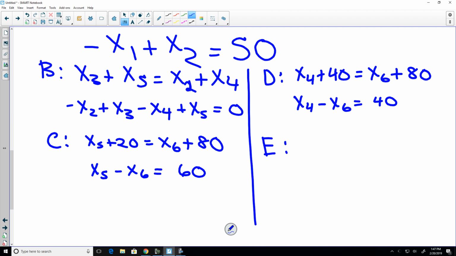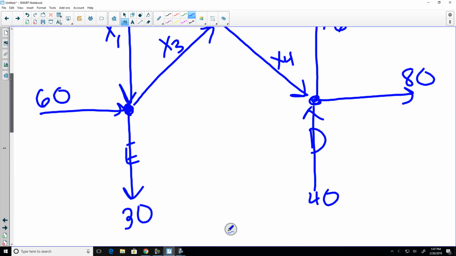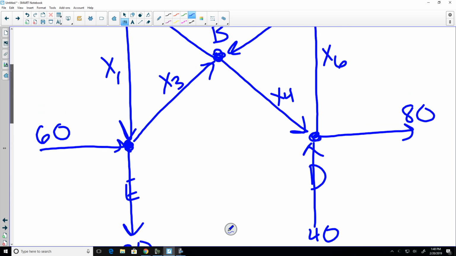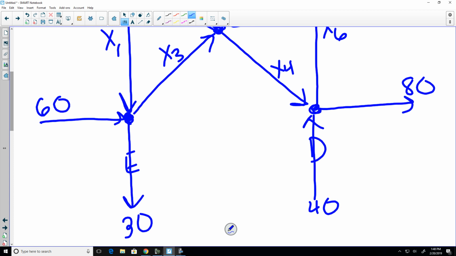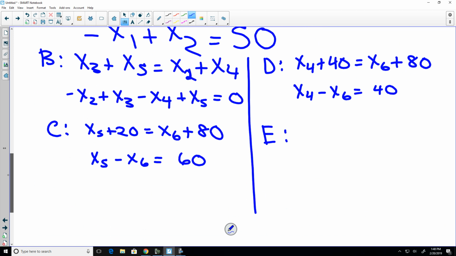Last one, E. So we have x1 going in and 60 going in, x3 is coming out, and 30 is coming out. So we'll say x1 plus 60 equals x3 plus 30.